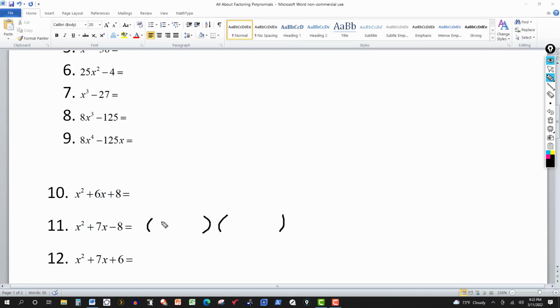So we know that if this factors, this should be x, and this should be x. And then if we're looking for factors of 8, they will multiply to give me 8 and add up to the middle term. So we have 8 times a negative 1, or it could be a negative 8 and a 1.